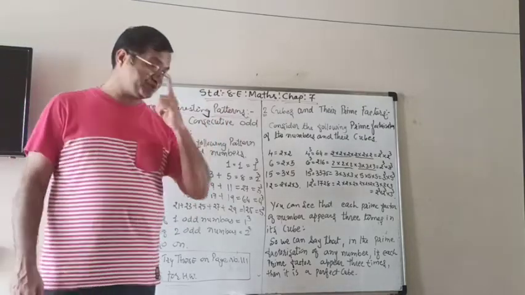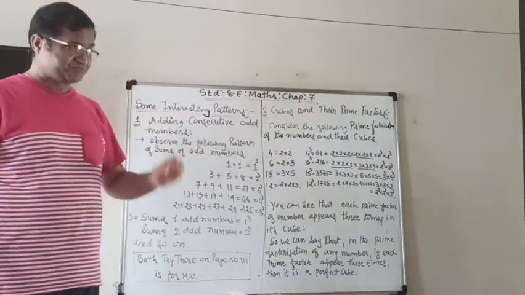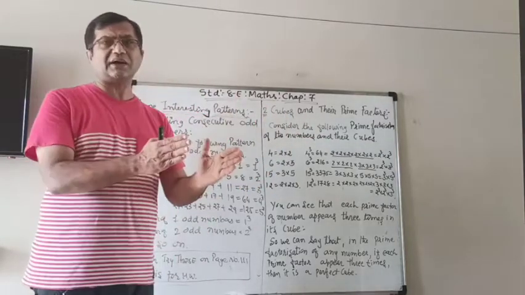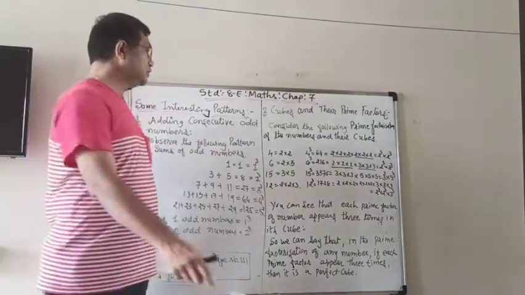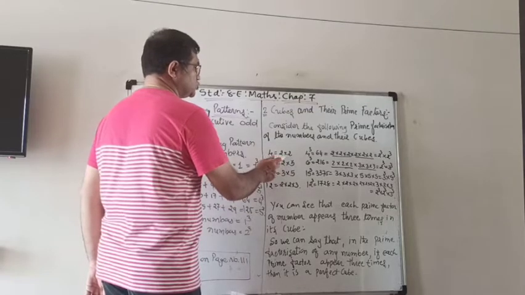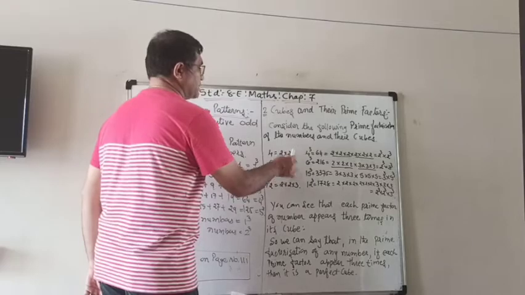Now the other pattern: cubes and their prime factors. If you consider the prime factorization of a number and the prime factorization of its cube, look here, 4. What is the prime factorization of 4? 2 2s are 4, so it is 2 multiplied by 2.